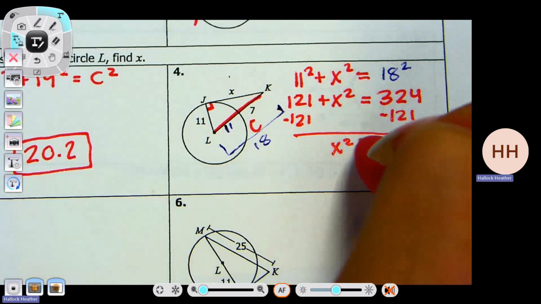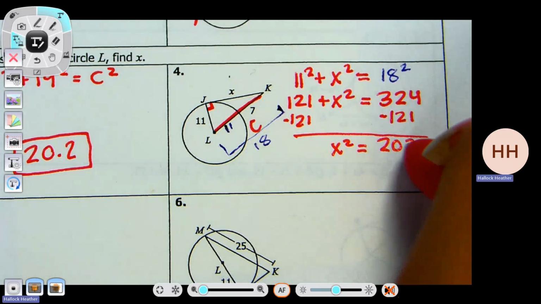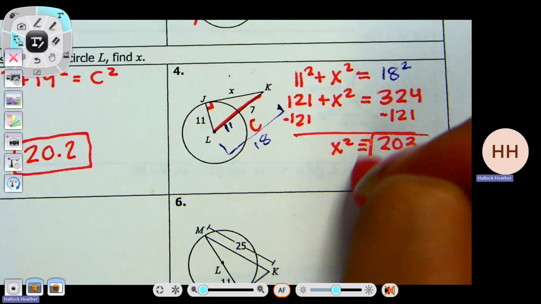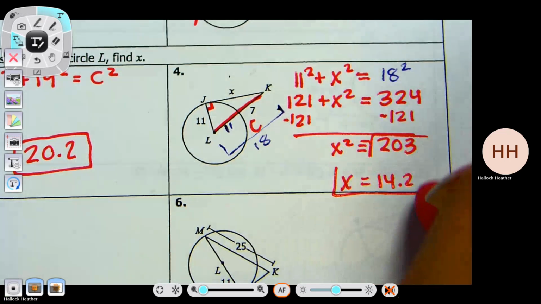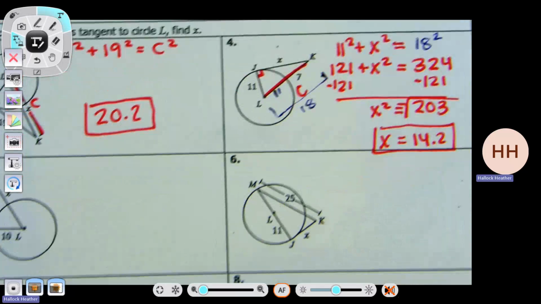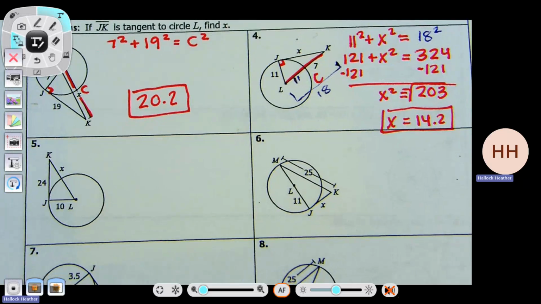So X squared is 203. So when you square root it, what do you get? 14.2. Like I said, this is not a straight-to-it Pythagorean theorem. You just have to think a little bit more.